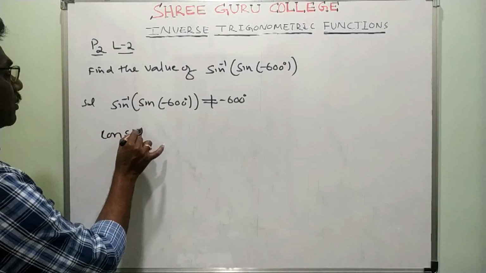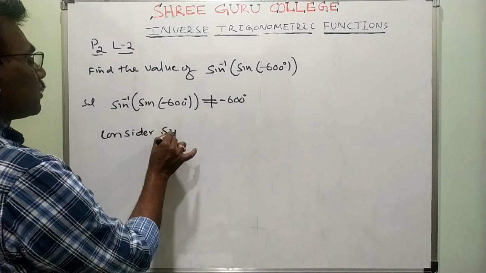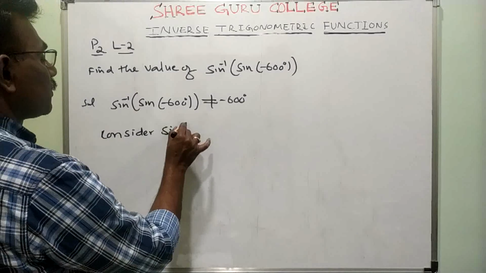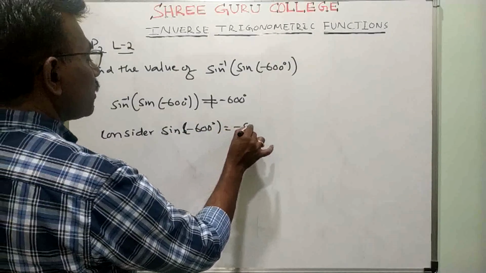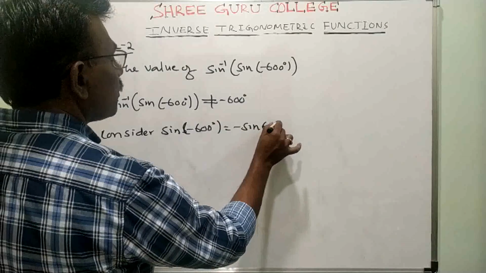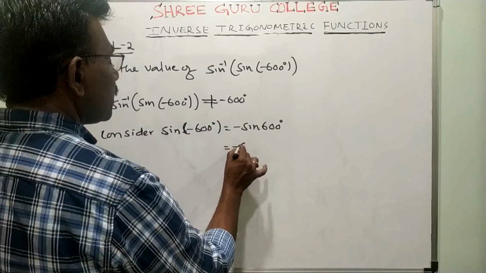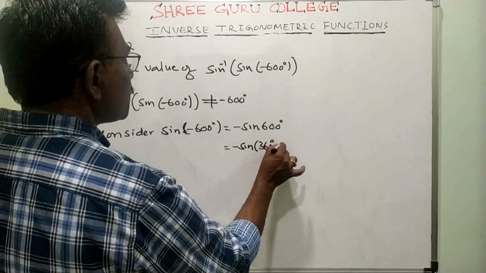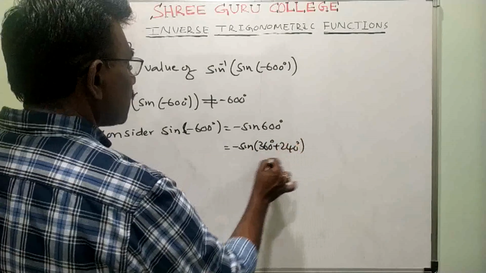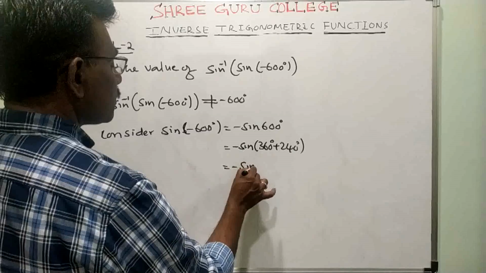Consider sine of minus 600 degree. Better you can take minus sine 600, that is minus sine of 360 degree plus 240, and sine 240 degree.